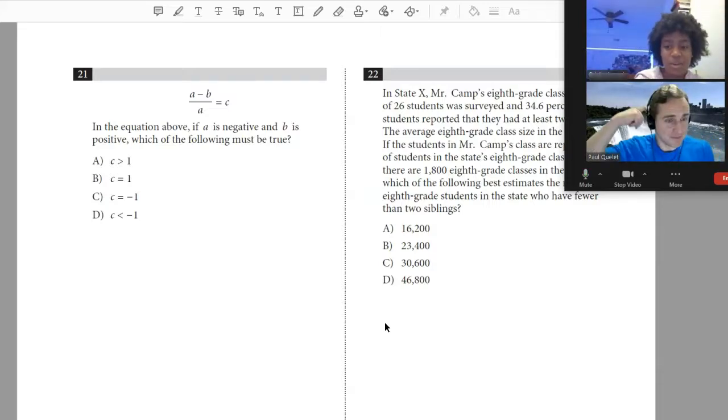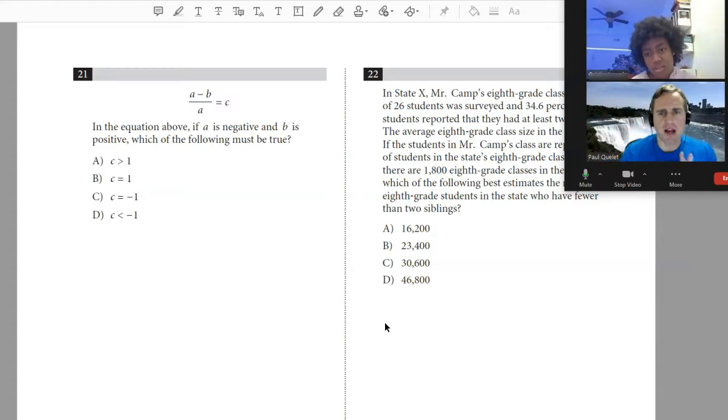What I'm saying over negative A, you cannot do that. Because the question says, if A is negative and B is positive, I can't do that because it's saying that B is positive, so I just flip the signs. Yeah, I would not flip the signs. Here's the deal.